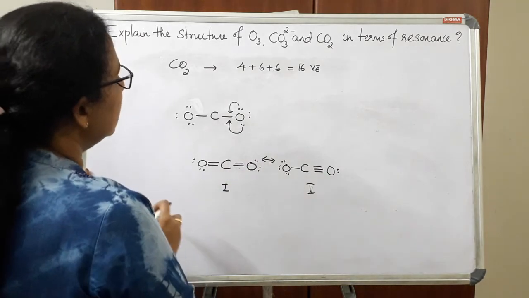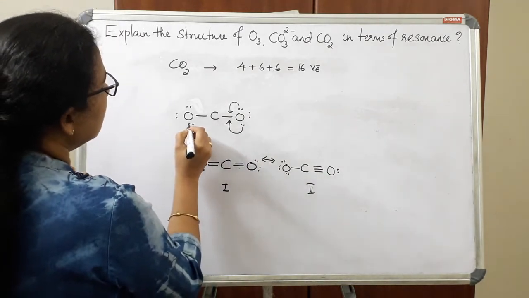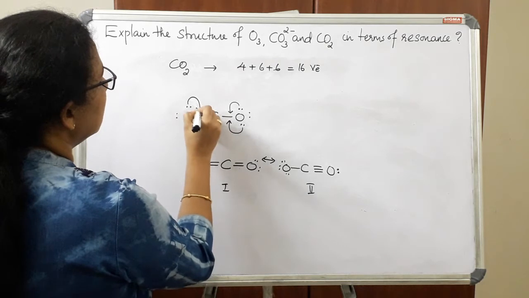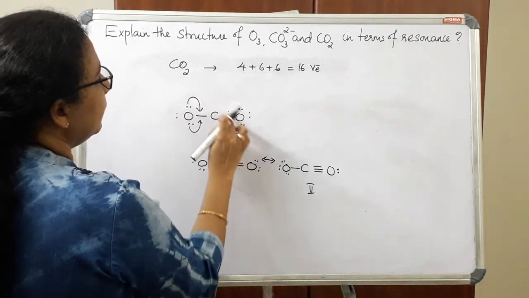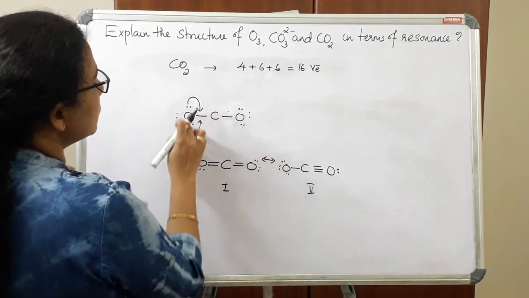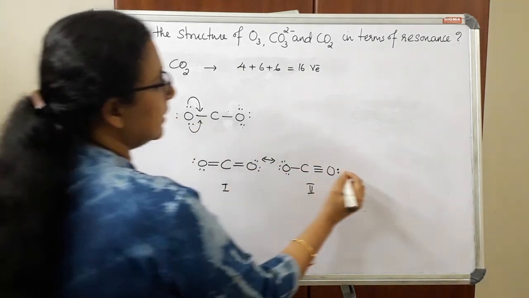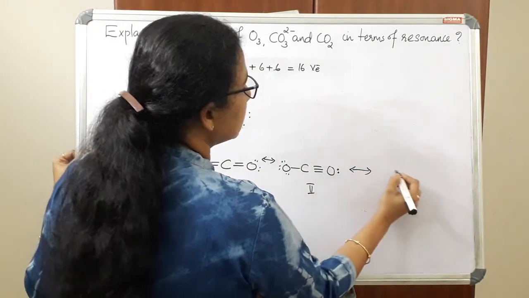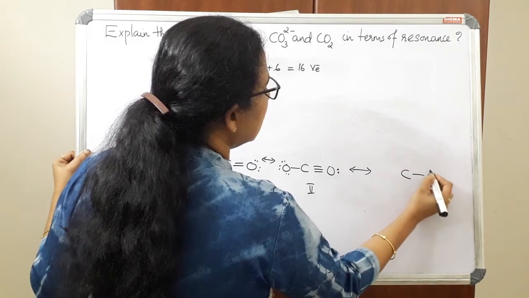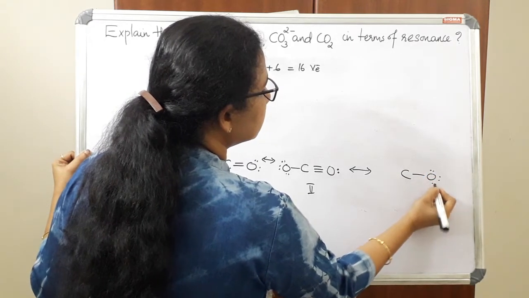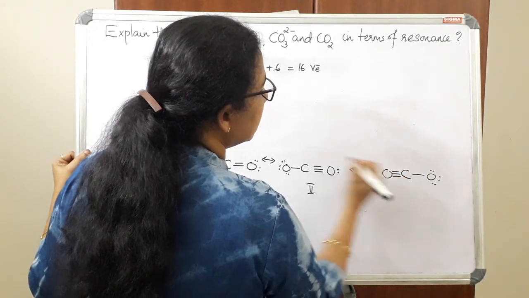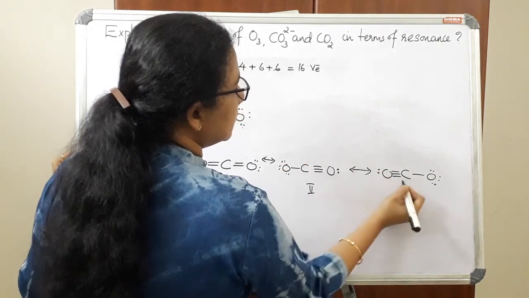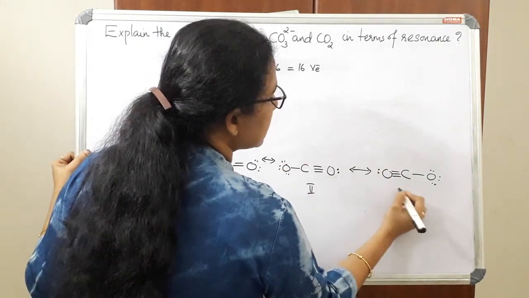So another possibility is if we shift these two pairs towards here. If we shift these two pairs towards here, we will get one more structure, that is, here there is a single bond and here there is a triple bond. So this is the third structure.